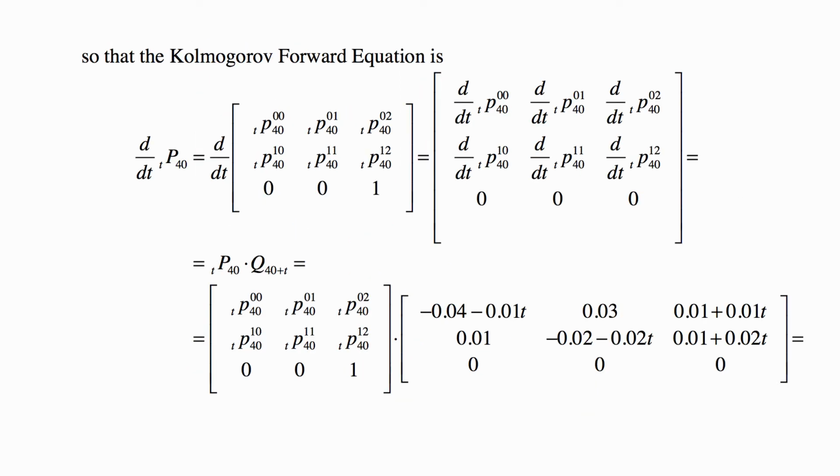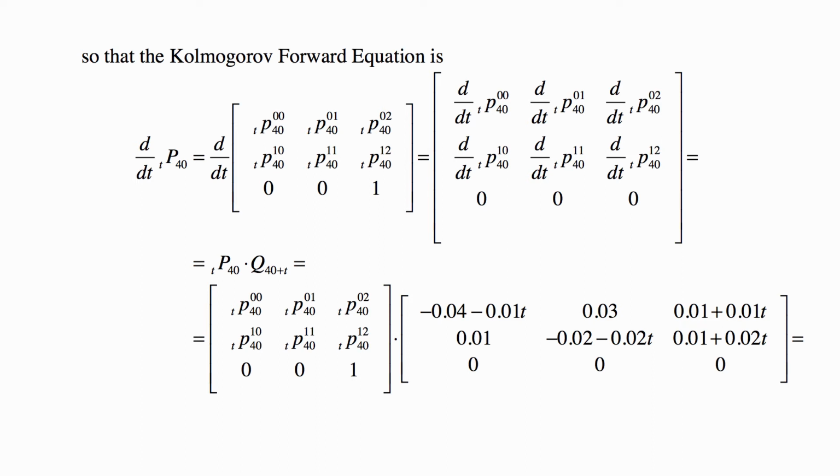And the Kolmogorov forward equation says that the derivative of the transition matrix is the transition matrix times the generator matrix for the time 40 plus t, applied to 40 plus t. Okay, that's great. So we just write it out.